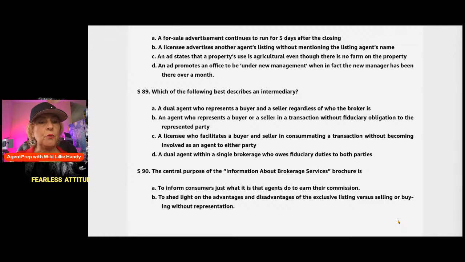B, an agent who represents a buyer or a seller in a transaction without fiduciary obligation to the represented party. C, a licensee who facilitates a buyer and seller in consummating a transaction without becoming involved as an agent to either party. Or D, a dual agent within the single brokerage who owes fiduciary duties to both parties. Remember, we are in Texas, okay?